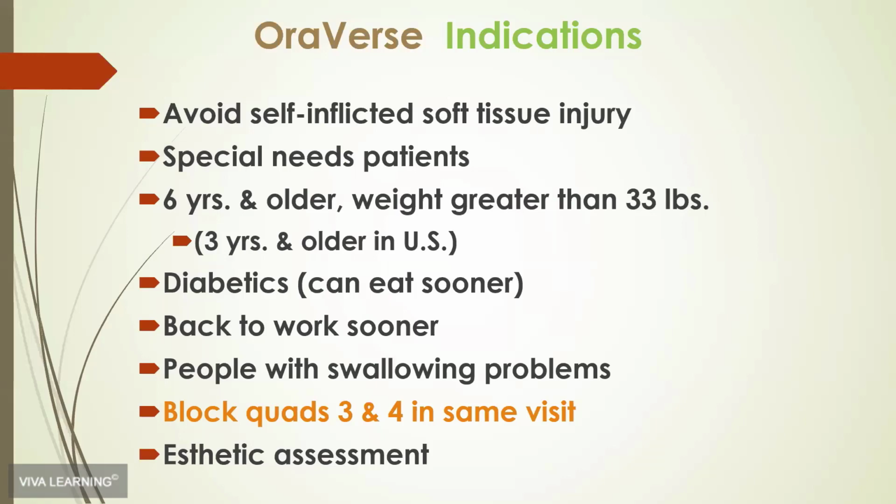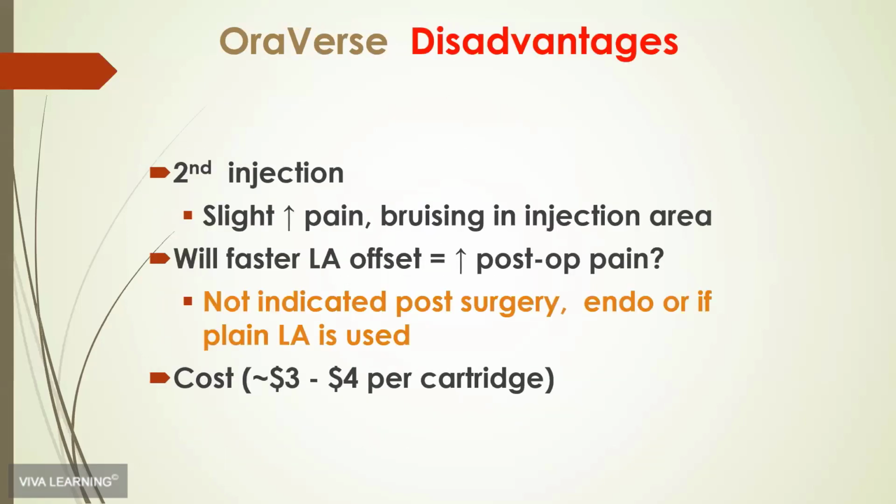My favorite reason to use this is so I can operate in the lower quadrants, both sides, without the worry of the patient going home with significant tongue and lip anesthesia. So that dissipates much more quickly when we use Oraverse.